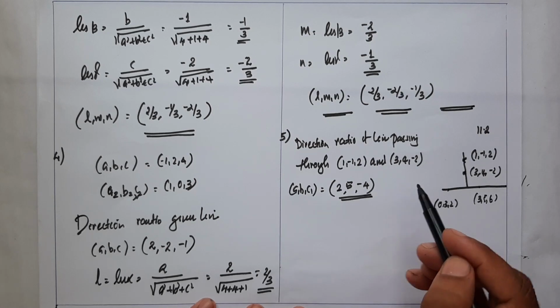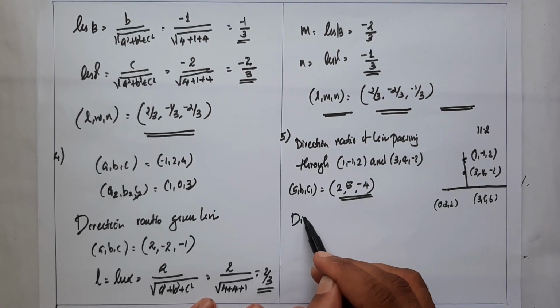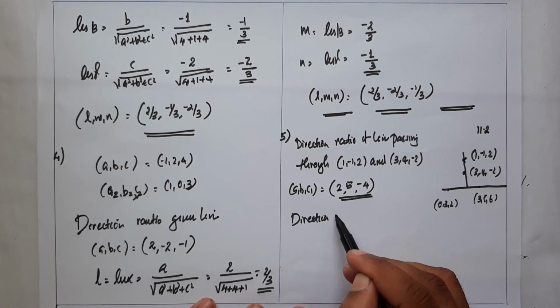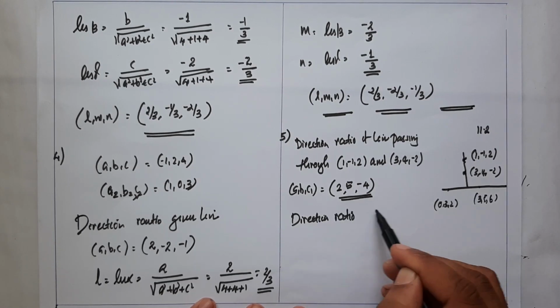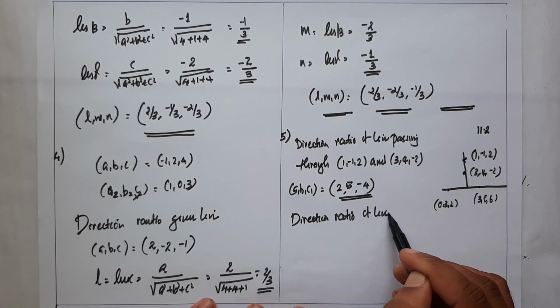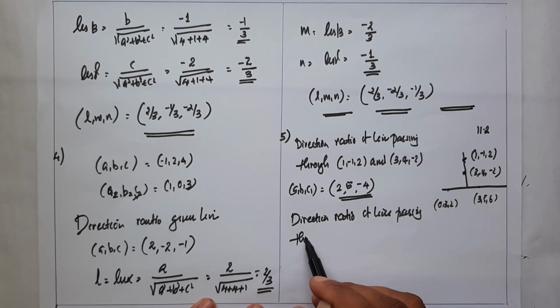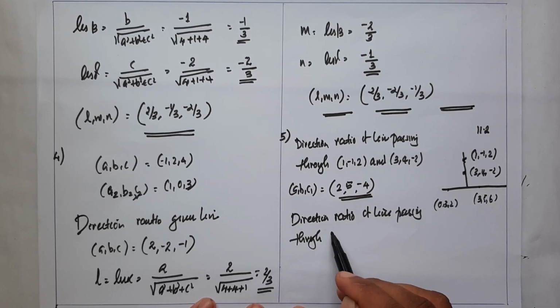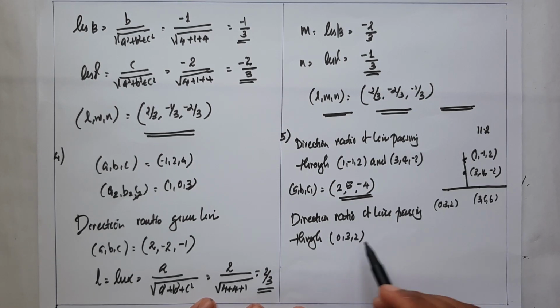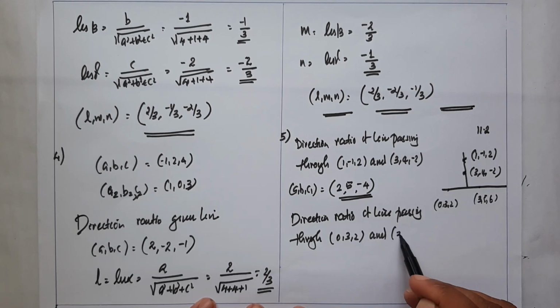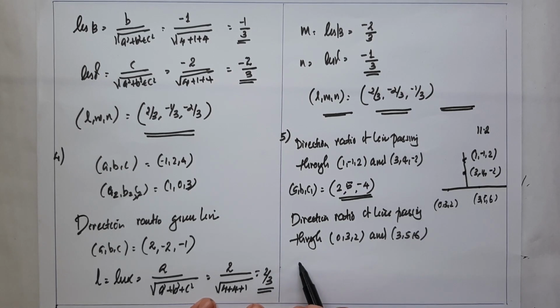So it is 2, 5, minus 4. Second, the direction ratio of the line passing through the points 0, 3, 2 and 3, 5, 6.